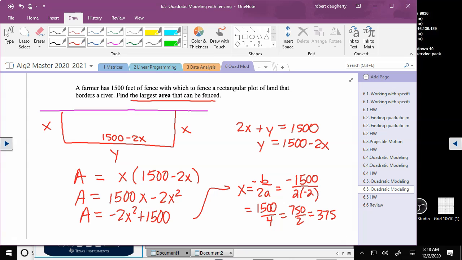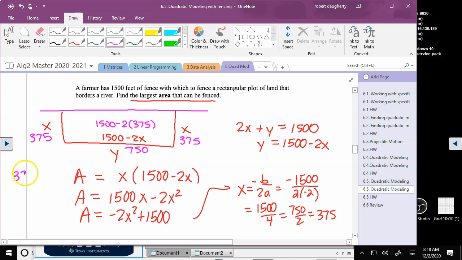So what does that tell me? It tells me that this side is 375, this side is 375, and then this side here is 1500 minus 2 times 375. This side is 750.